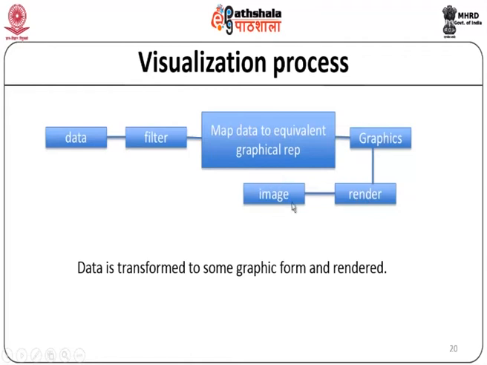The image, which is the output of this process, clearly indicates a visualization of the input data. So, the data that is provided as an input finally gets transformed to some graphic form and finally it is rendered. This entire set of steps together is called the visualization process.